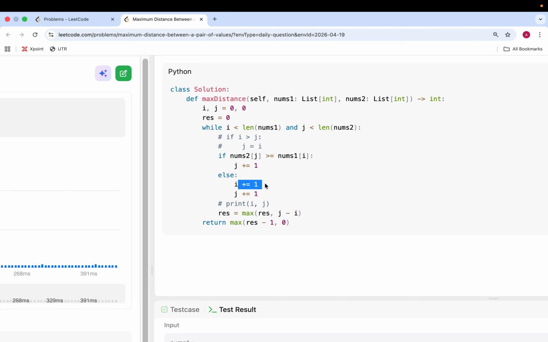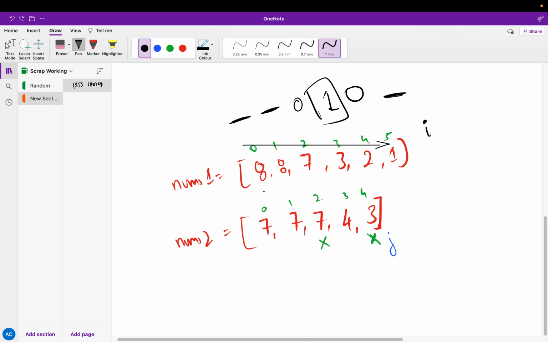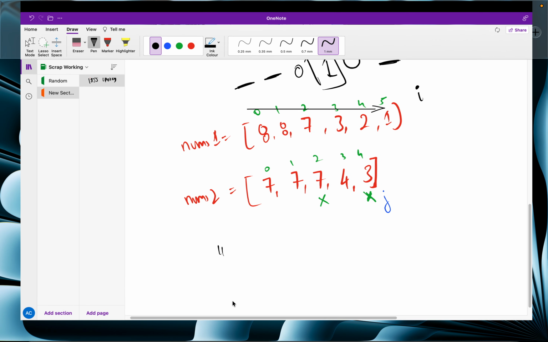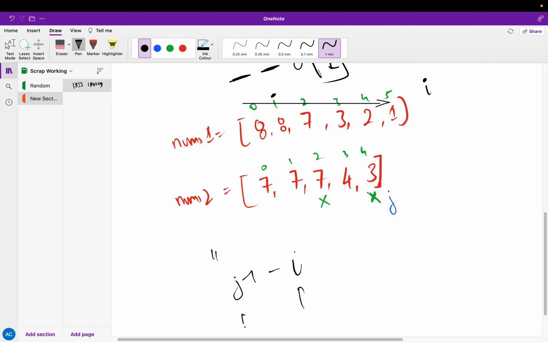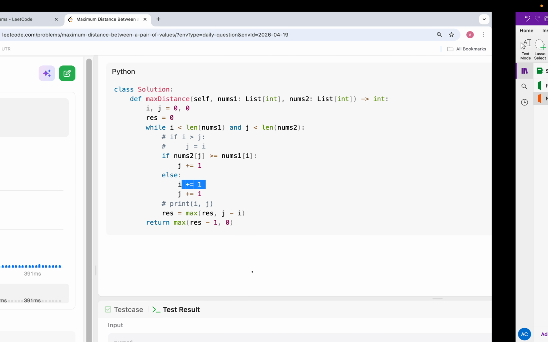What you should be doing, in terms of purely looking for the distance, is j minus 1 minus i, where i is pointing to the start of the pair, and j, like we did here, is pointing to one past the point we want, right? So that's the calculation I was doing, and I think it works.